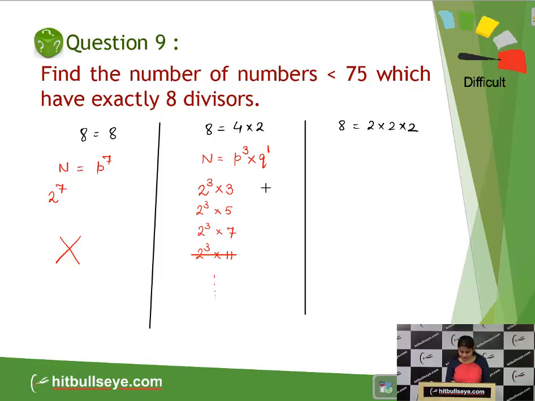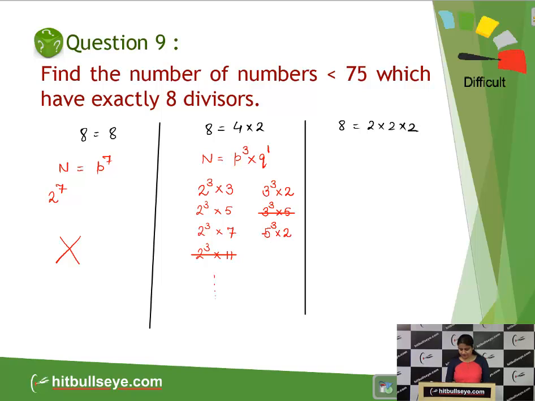Now coming to another number, it can be 3 cube into 2, which is in our range. 3 cube into 5 we cannot consider. Why so? With the same logic, because my range is less than 75, I have to drop this number. Now coming to another number, 5 cube into 2, I cannot consider this number once again, which is more than 75.